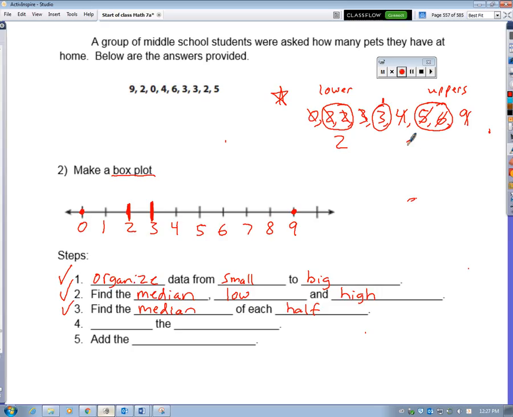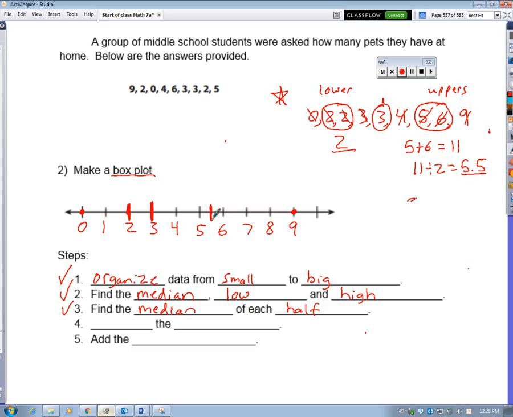Alright, so we're just going to take 5 plus 6 gets us 11, and then we're going to divide by how many, which is 2. 11 divided by 2 is going to give me 5.5. Okay, so that is my upper median. So I'm going to put a line right there on my upper median. Okay, we got that done.